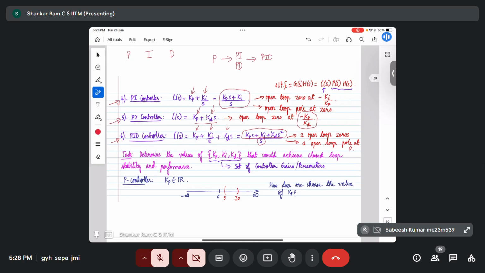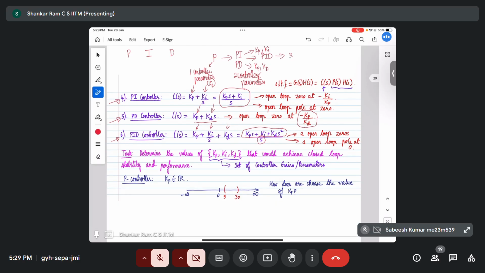We can immediately observe the number of controller parameters. If we start with the P controller, it has only KP. PI and PD have two controller parameters. In PI, we have KP and KI. In PD, we have KP and KD.